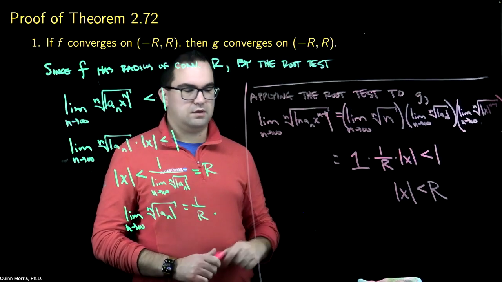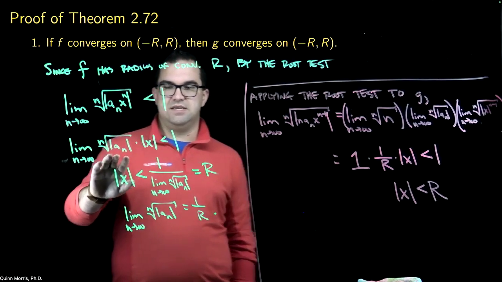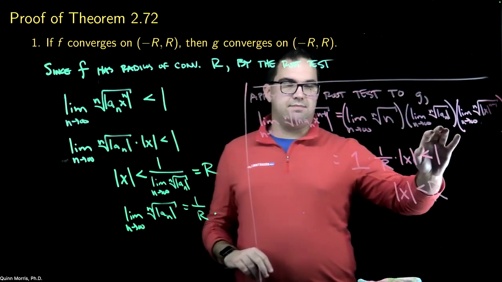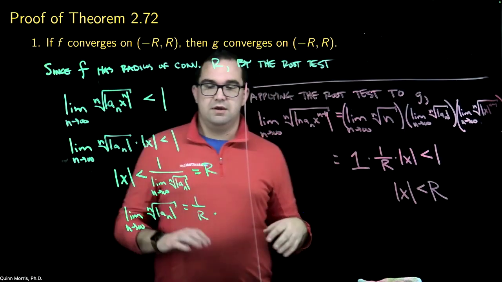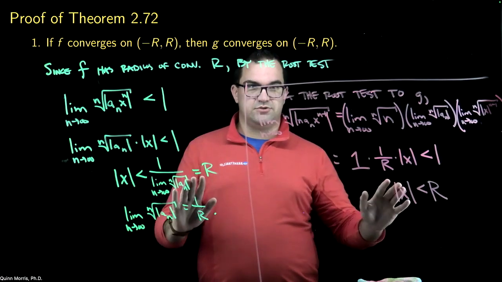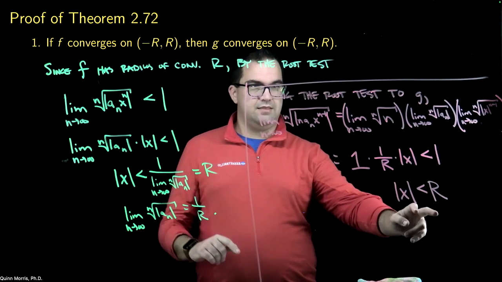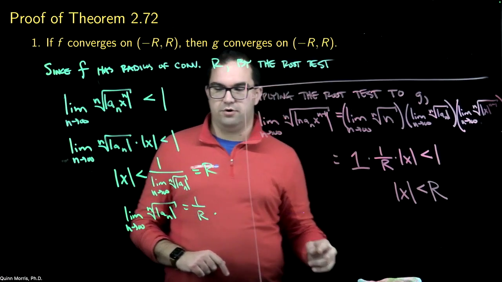Okay. Now, again, notice if we go back to the case, had this limit been 0, that would have meant our radius of convergence was infinite. Same thing here, that would have given me an infinite radius of convergence. Okay, so if the radius of convergence is a fixed real number r that's strictly greater than 0, then you get that G also converges when the absolute value of x is less than r.